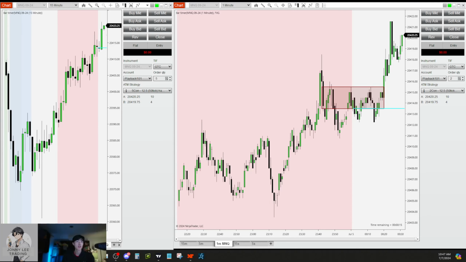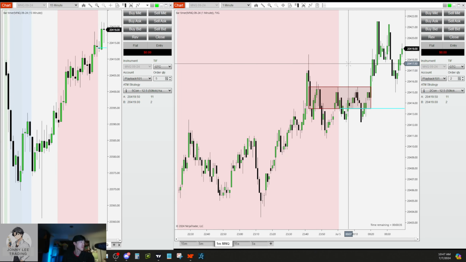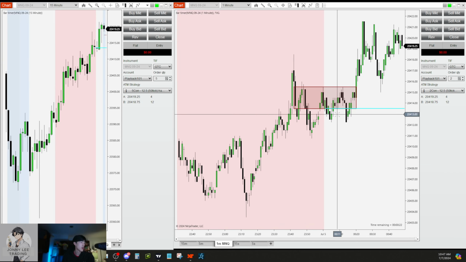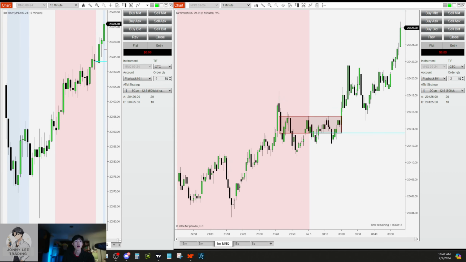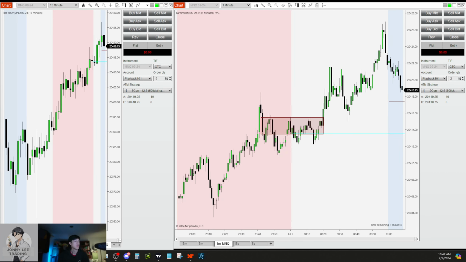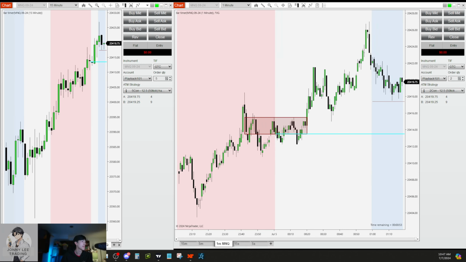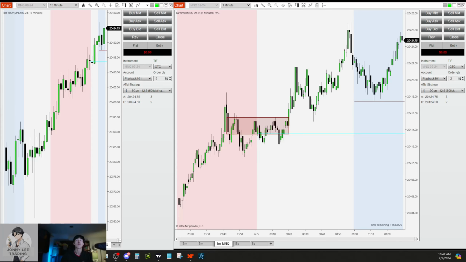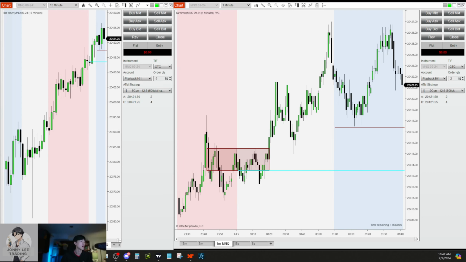You can see it's running. It's moving along a little too slowly though. I'm wanting it to just jump over to my 8:30 a.m. What's strange is that usually it goes tick by tick, not candle by candle.